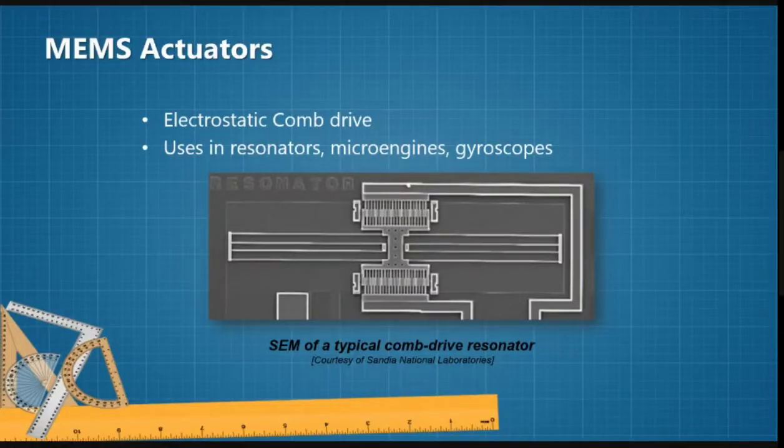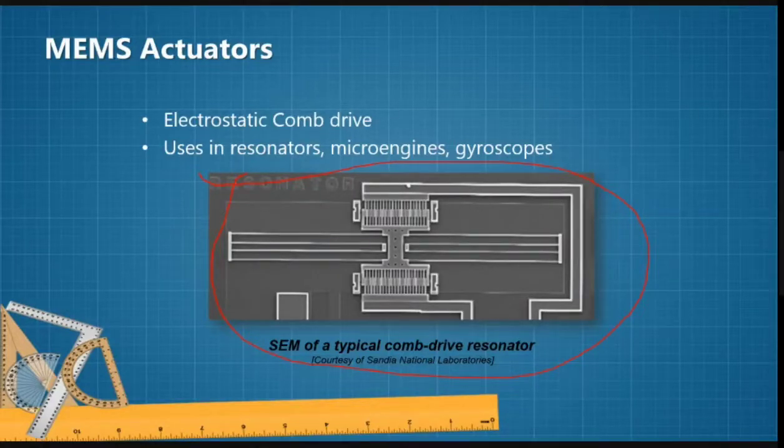So if we previously talked about mechanical actuators, that the actuators can be seen with our eyes, this MEMS is a kind of actuator too, but the size is very tiny.